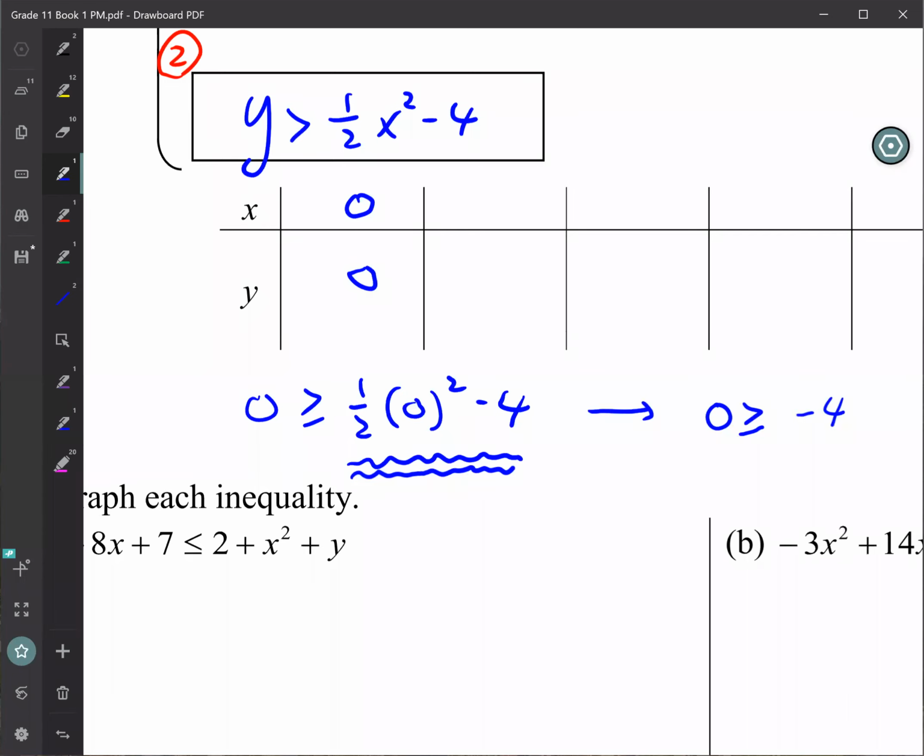So is it true or false? Actually, that's true. 0 is greater than or equal to negative 4, so this one should be true.